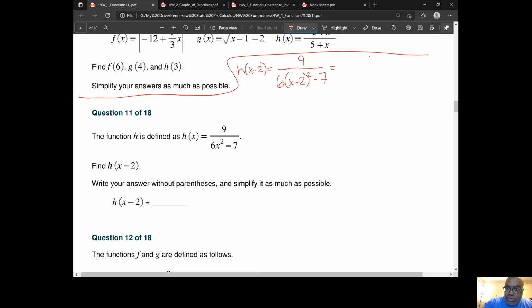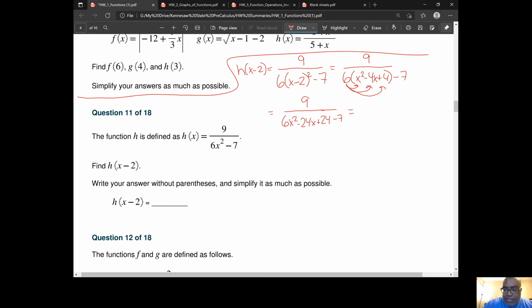So this is equal to 9 over 6 times x squared minus 4x plus 4 minus 7. Okay, that is 9 over 6x squared. You distribute this 6 to each term. That is the distributive property. 6x squared minus 24x plus 24 minus 7.